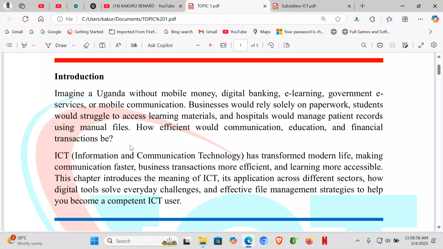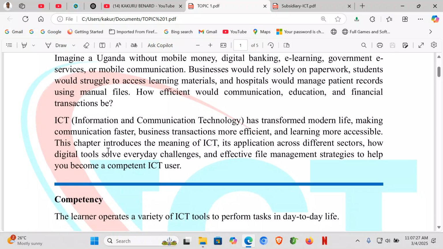This chapter introduces the meaning of ICT, its application across different sectors, how digital tools solve everyday challenges, and effective file management strategies to help you become a competent ICT user. So this is the introduction. A learner needs it, a teacher needs it, as we introduce the first topic in the first lesson.